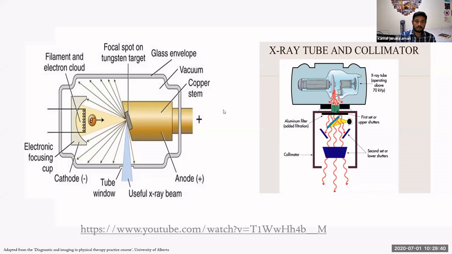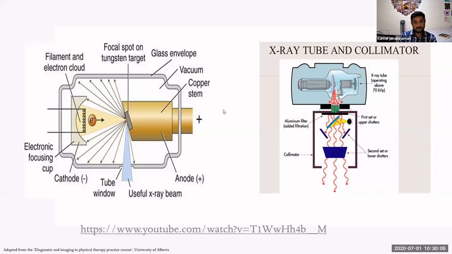The target is also tilted at an angle of 45 degrees, causing the electrons to hit at an angle. This will produce the X-rays almost perpendicular to the electron beam. A very high potential of 20 kV is applied between the source and the target. Due to the high potential difference, the electrons are accelerated towards the anode and it hits the metal.